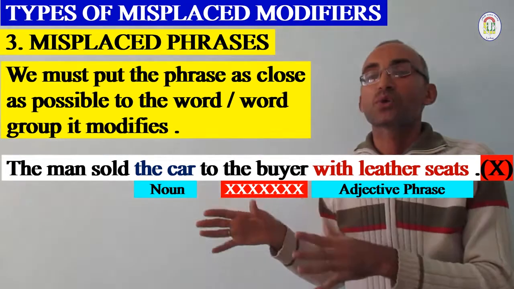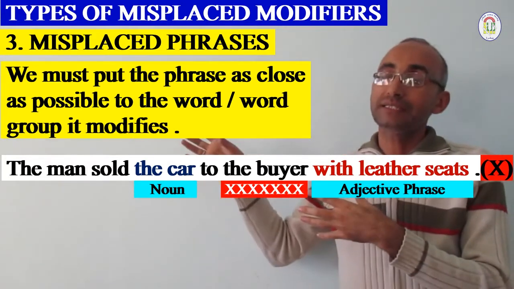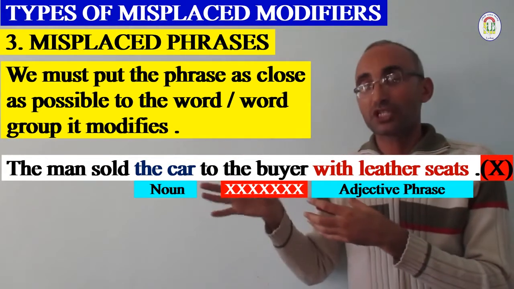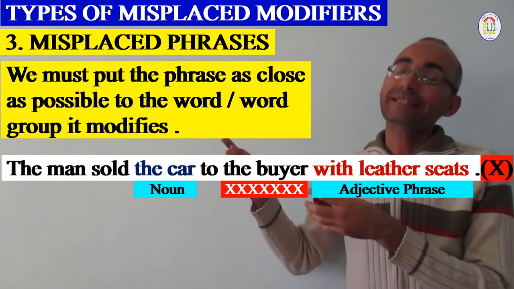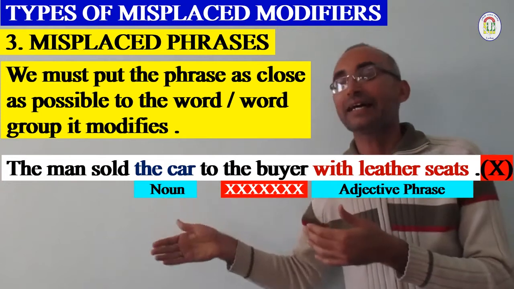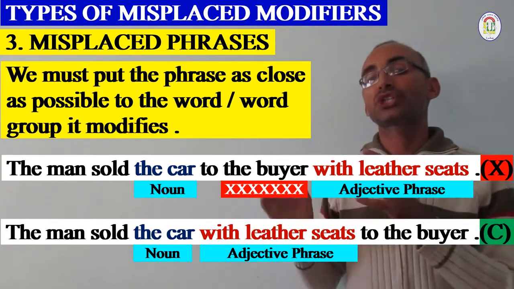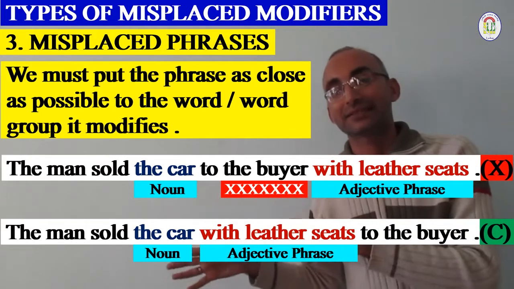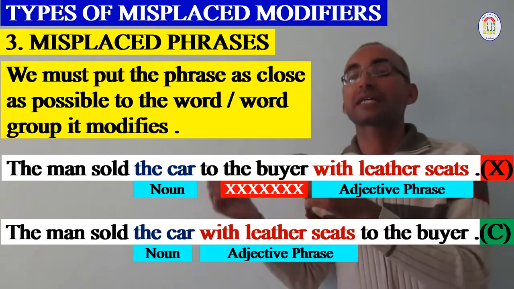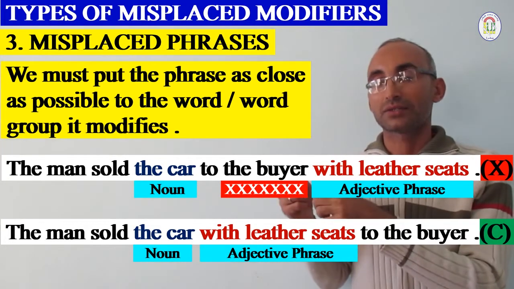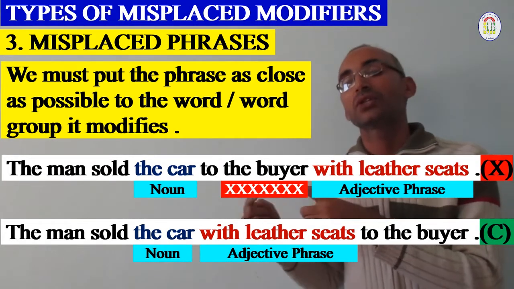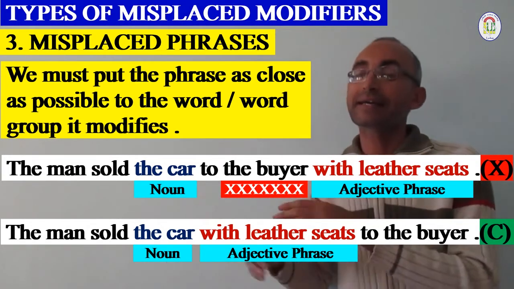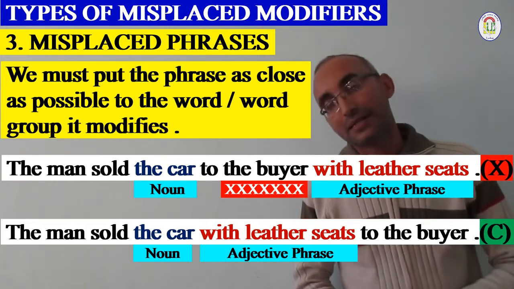Clear? So we correct it by putting it in the right position, as close as possible to the noun it modifies, directly after it, and we write, the man sold the car with leather seats to the buyer. So leather seats belongs to the car, not the buyer. And here I have fixed my error.